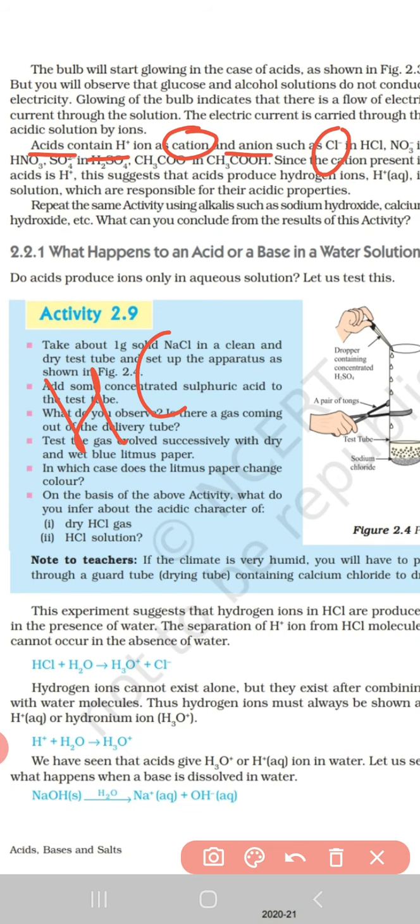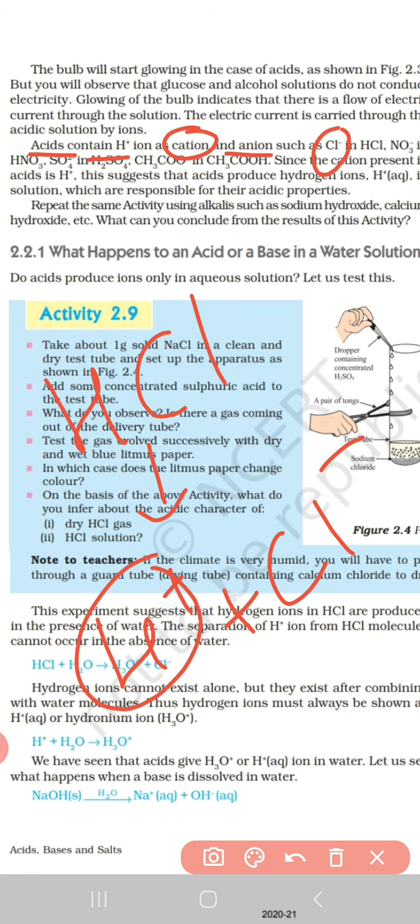Here in the case of HCl, H plus is the cation and Cl minus is the anion. Any atom or molecule that shows a negative charge is an anion.